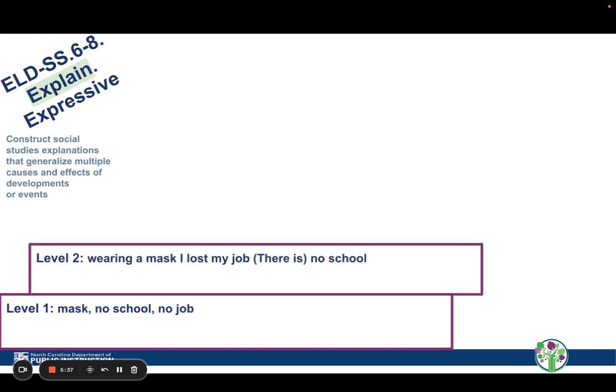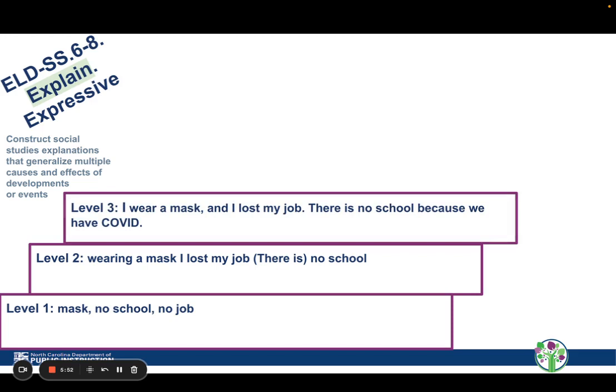So, what kind of language could we expect at level 1 if Maria had classmates who were newcomers? They might be able to produce or process single words with regard to the effects or the impacts of the pandemic. At level 2, students would be able to process short phrases: wearing a mask, perhaps I lost my job, and no school.